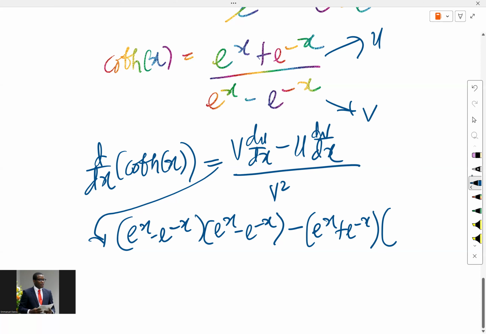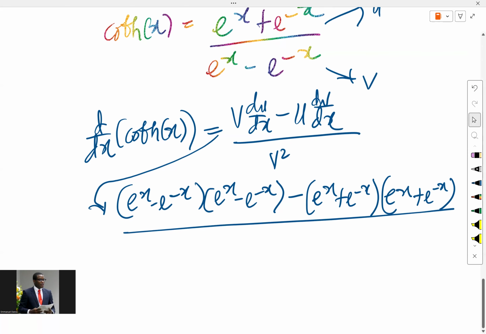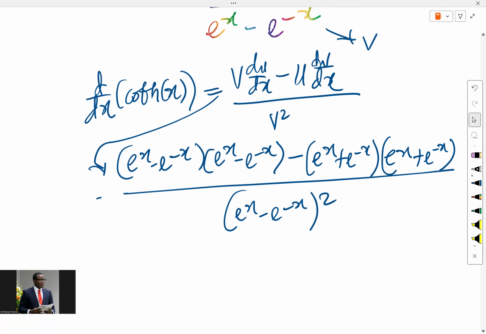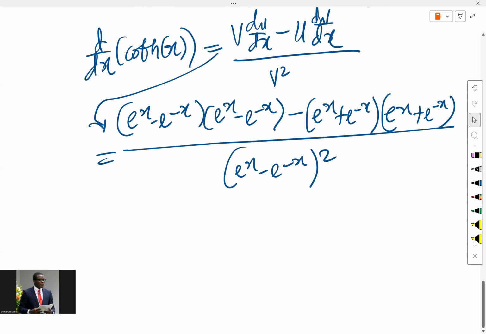That means differentiate the bottom, e raised power x remains. Then differentiate e raised power minus x, that's minus e raised power minus x, that's plus e raised power minus x, all over whatever v is, e raised to power x minus e raised to power minus x all squared. Okay, so that's the coth x going.